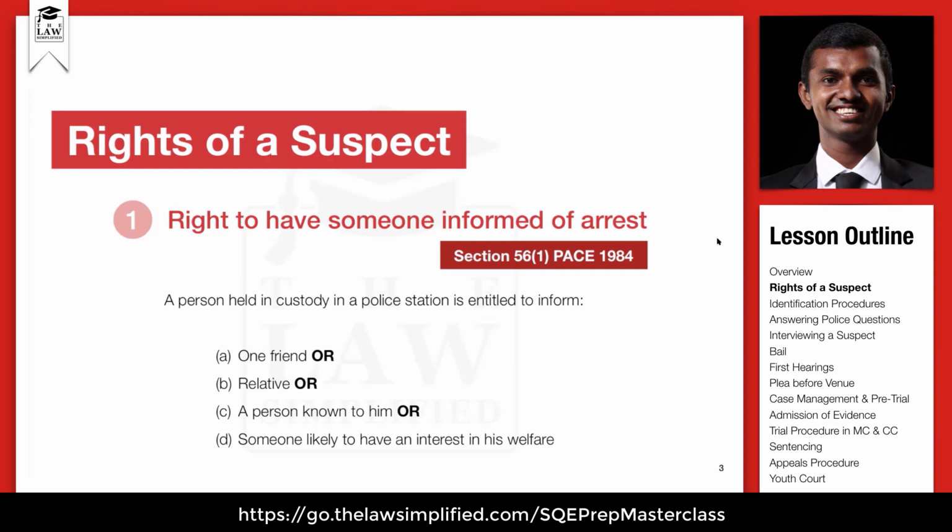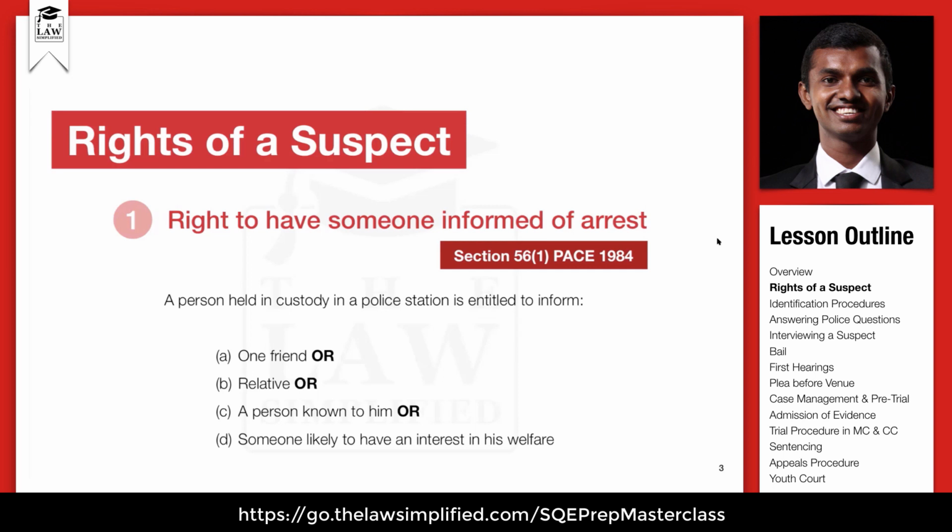When a party has been arrested, there must be some information provided about that arrest to certain individuals pertinent to that suspect. So, for example, a friend or some cohort, some person that has been with this individual, a relative, a parent, for example. We will look at children differently in terms of youth court later. Someone who is known to him if those are not possible, or someone who might be interested in this person's welfare. So I'll give you an example of each instance.